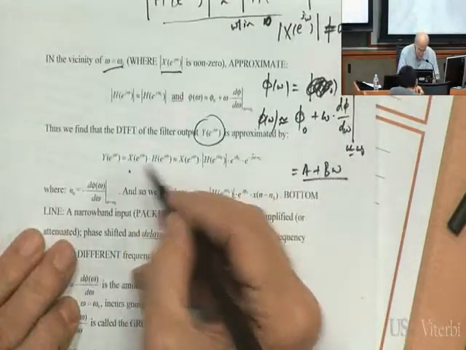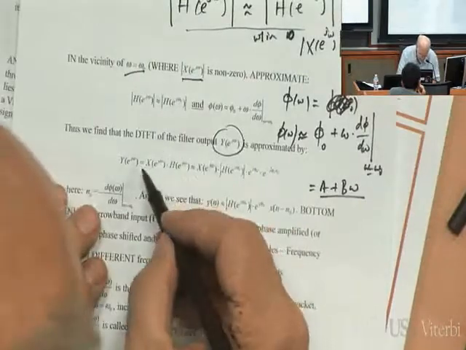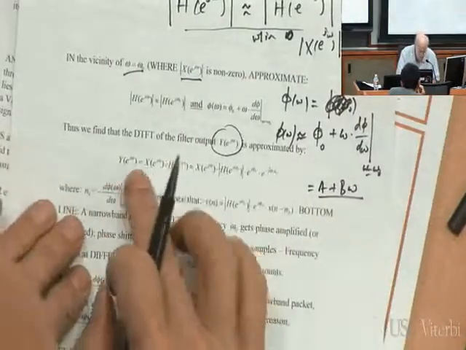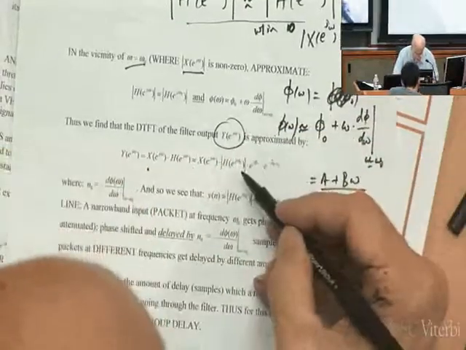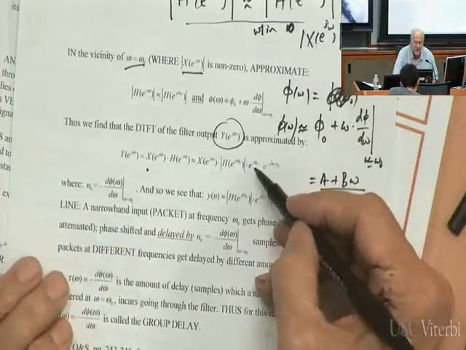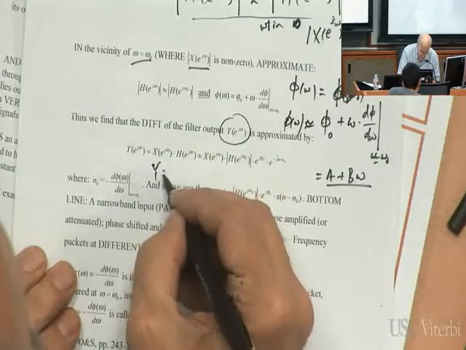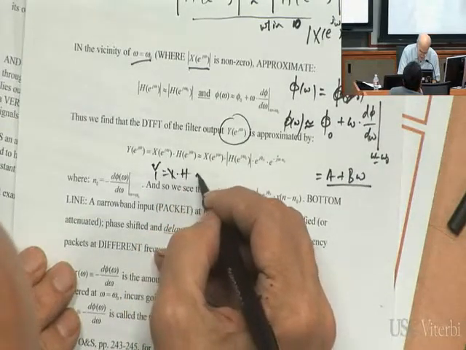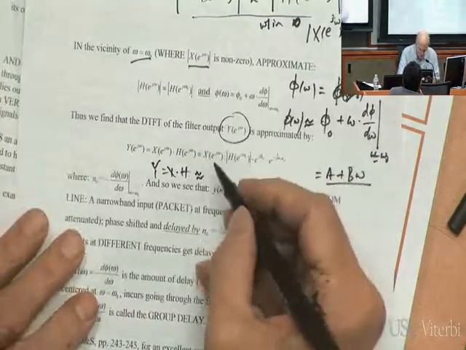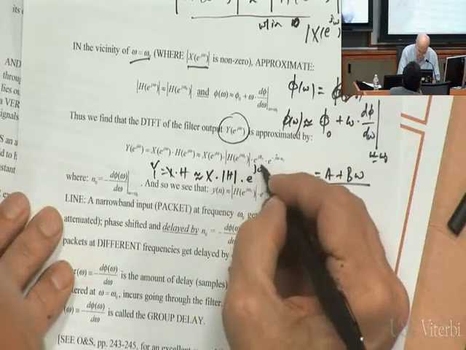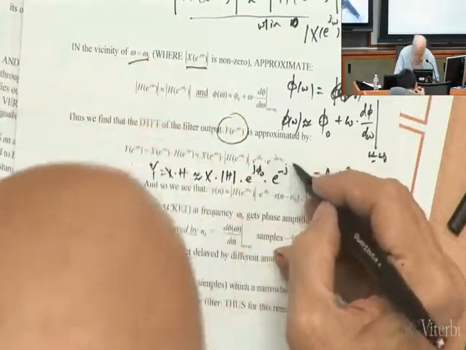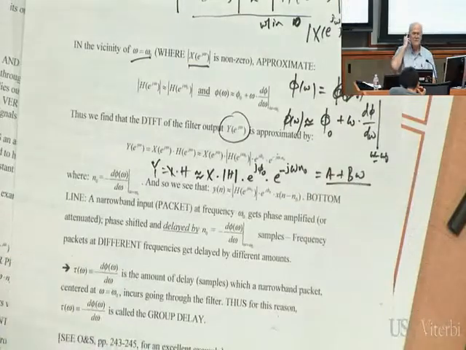Without the magnitudes, Y is equal to X times H, and now I will write X times the magnitude of H of e to the j omega naught times e to the j phi naught times e to the minus j omega n naught.